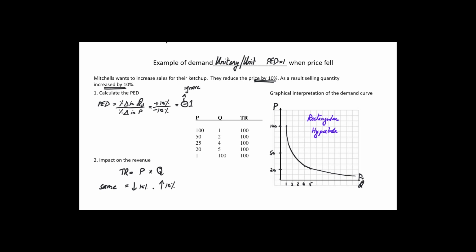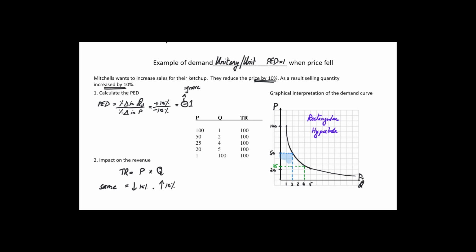This is about unitary. Let me show you one impact of the revenue, basically exactly what's happening. When the price was 50, I was selling 2 units and that was my revenue. When the price falls to 25, I sell 4 and this is my new revenue. Let me highlight it even.